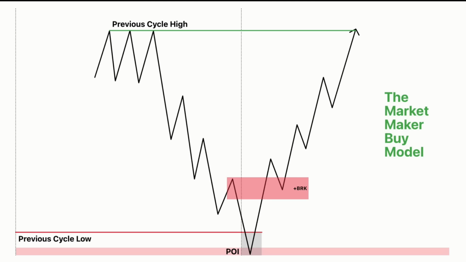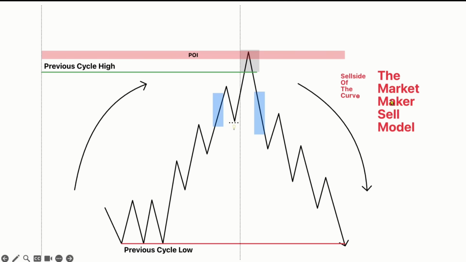This is also known as a balanced price range, by the way, and that's why the market is allowed to expand higher. This is a market maker buy model utilizing the logic of PXL to PXH, a move from the previous cycle low to the previous cycle high, because we were anticipating higher prices to be next.